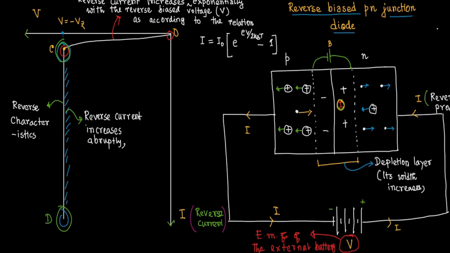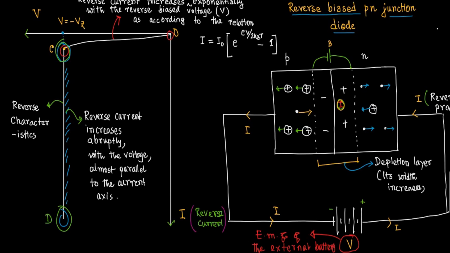Reverse current increases abruptly with the voltage, almost parallel to the current axis.